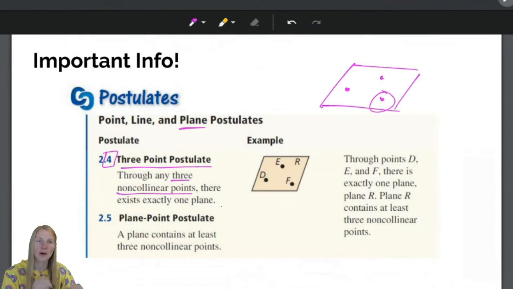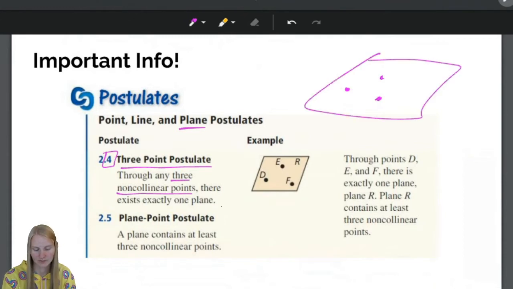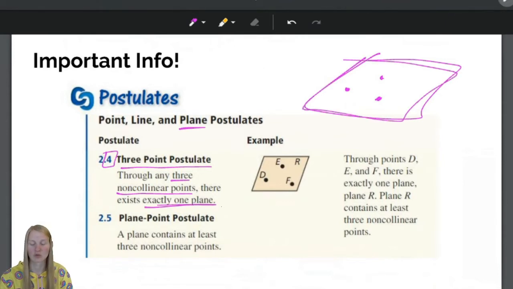The 3rd point is what gives you those 2 dimensions. If I just have 2 points, I have a line. If I have 3 points, now I have a plane. So, through any 3 points, there is exactly 1 plane. There's only 1 plane I can draw this in.